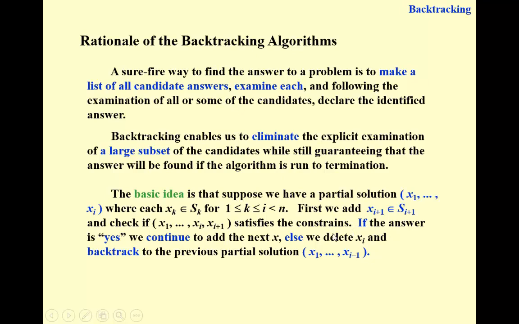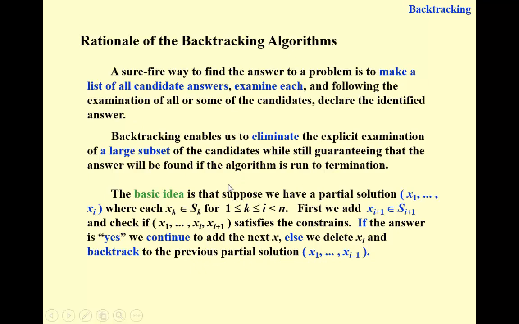If everything's okay, if the answer is yes, we continue to add the next x sub i+2. Okay, and if we have tested all the possible x sub i+1s, yet still cannot find one that fits, then it means that this x sub i doesn't work. So we're going to delete this x sub i and backtrack to the previous partial solution.